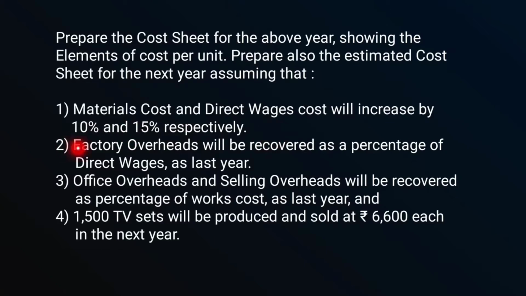Second, factory overheads will be recovered as a percentage of direct wages as last year. Third, office overheads and selling overheads will be recovered as a percentage of works cost as last year. And fourth, 1500 TV sets will be produced and sold at rupees 6,600 each in the next year.